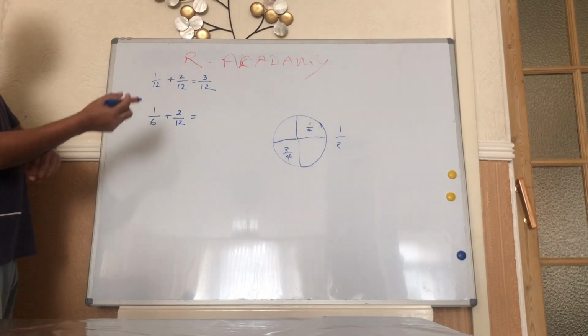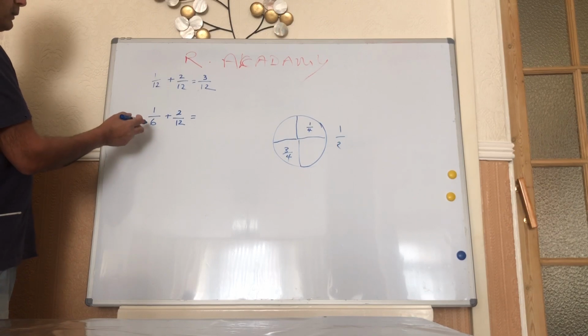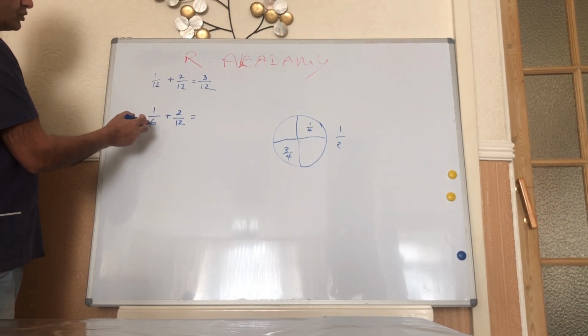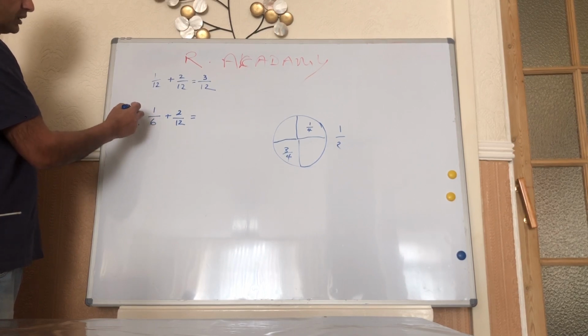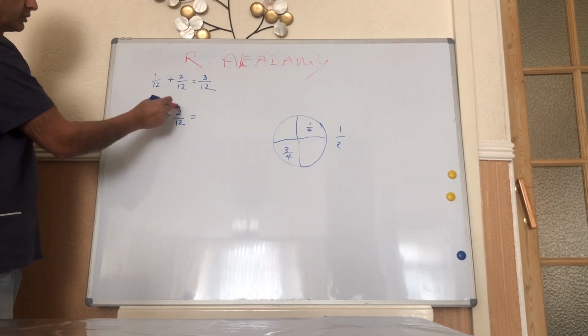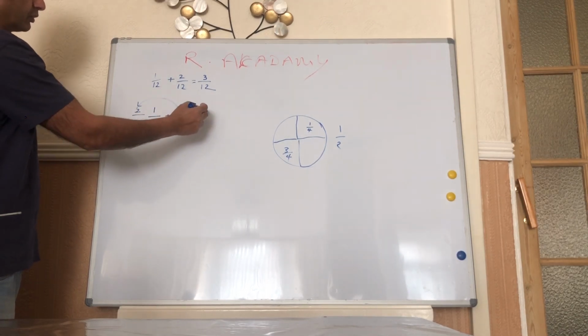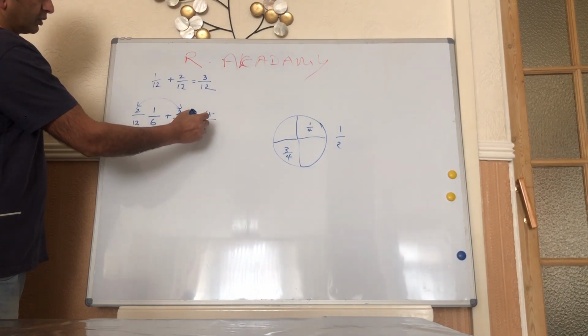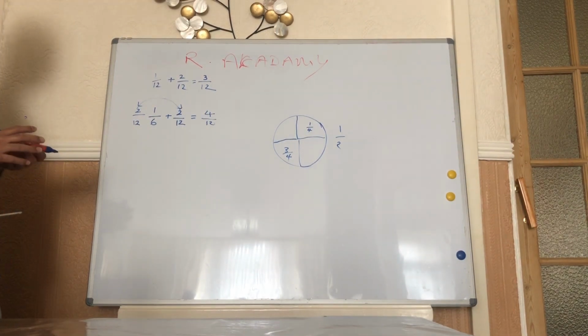So this would only work if you could multiply that one by 2 to make it 12. And you'd have to multiply that one by 2 to make it 12. And then you'd add that one to that one to make it 4 over 12. That's how you would do it.